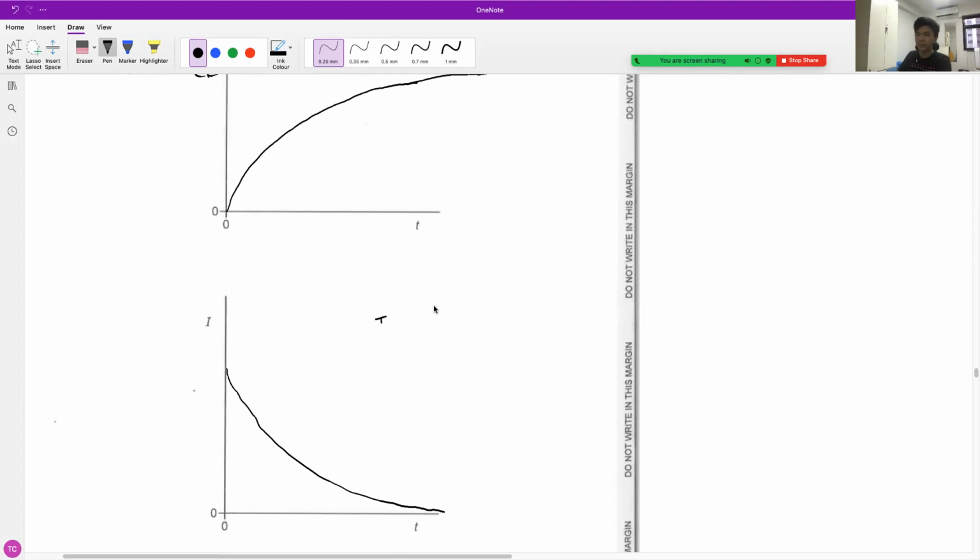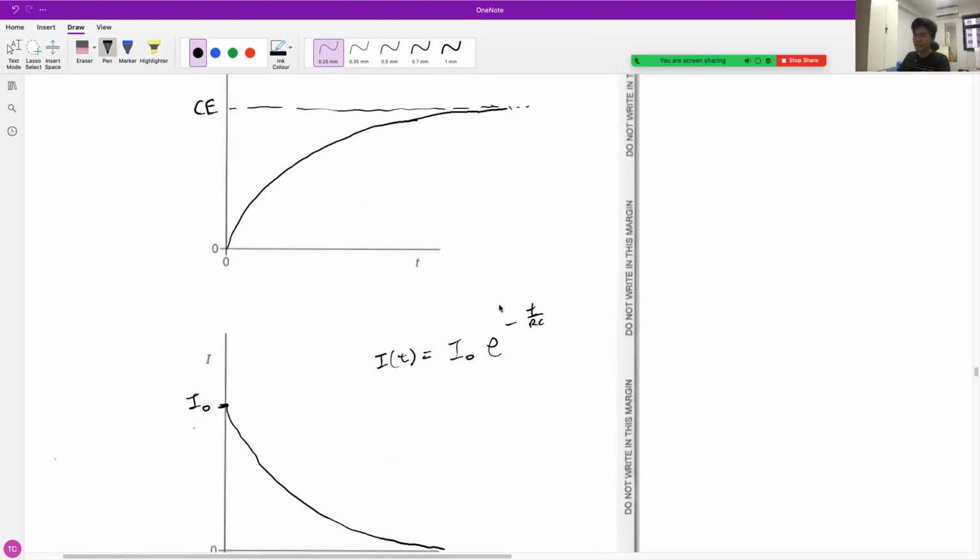Actually, if you solve it mathematically, then I of t equals your initial current I naught, which is also your maximum current at time t equals 0, times e to the power minus t over RC. So that's that. Okay, so that's the graphs. I'll go into the derivation for this another day.